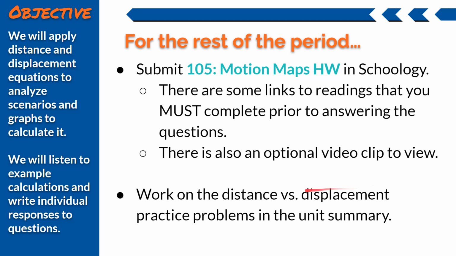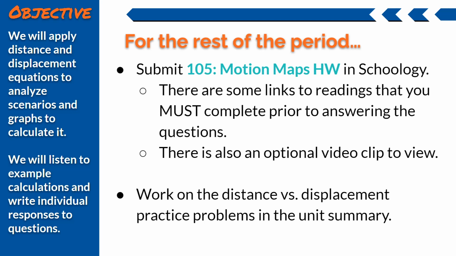And then I need to actually post the unit summary. It's not there yet. But there is a section in the unit summary which is going to be basically a bunch of questions that cover the entire unit. We use the unit summary, and this was in your syllabus as well, as a daily grade redo. So if you forget to do your homework, maybe you forgot on Friday to turn in 104, or if you have just a bad grade on a quiz or whatever, the unit summary is the daily grade redo.